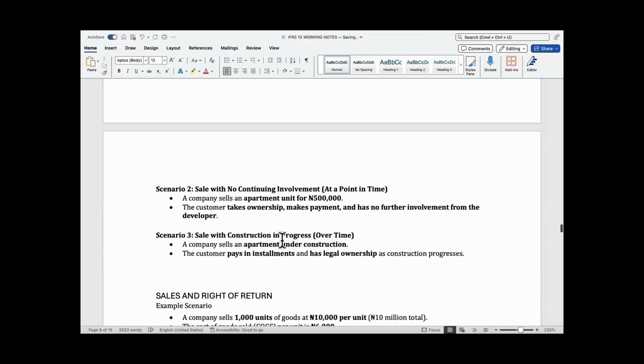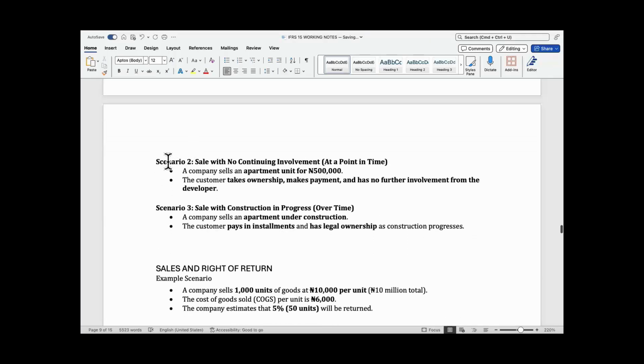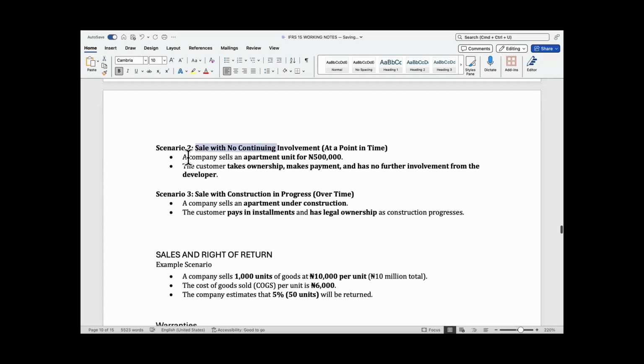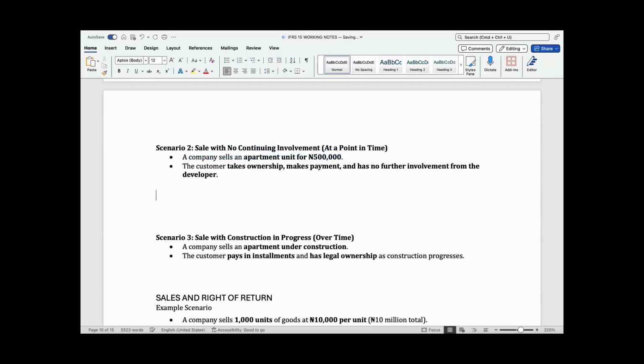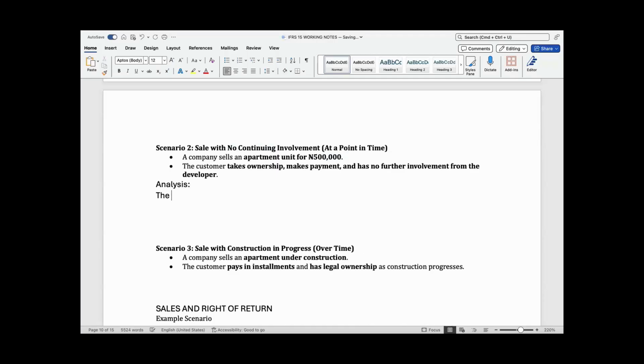Scenario 2. Okay, let's jump to the question. A company sells an apartment unit for 500,000. The customer takes ownership, makes payment, and has no further involvement from the developer. So for this one now, this is a performance obligation satisfied at a point in time.